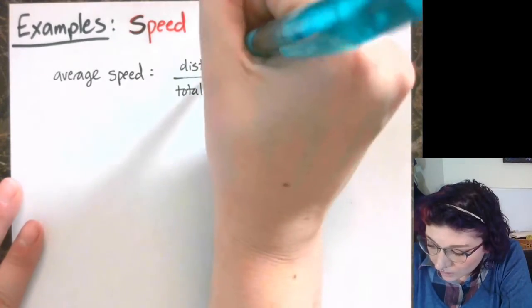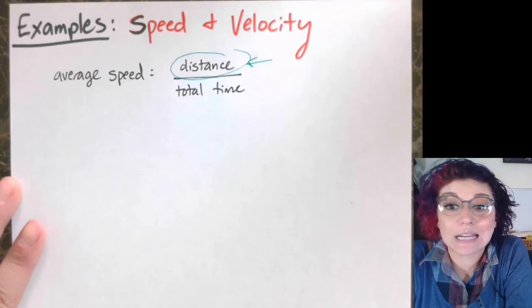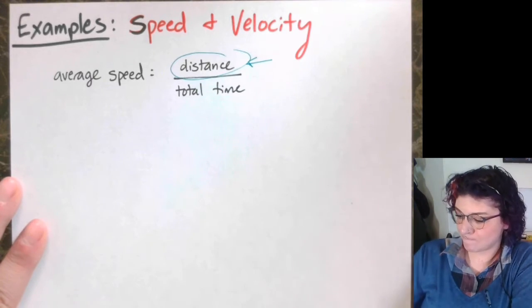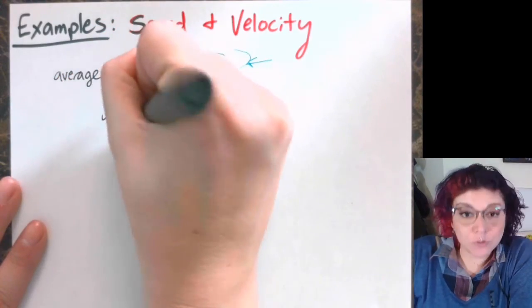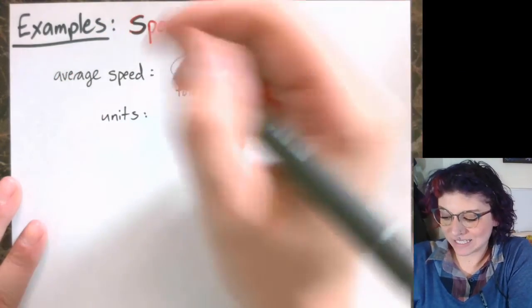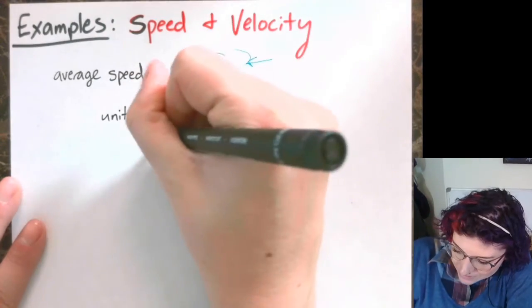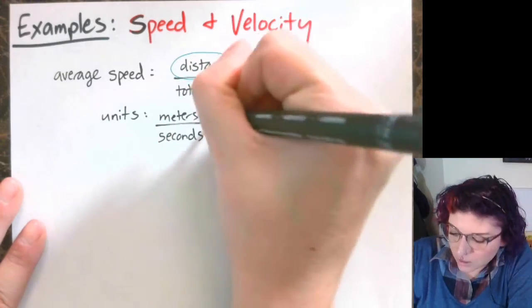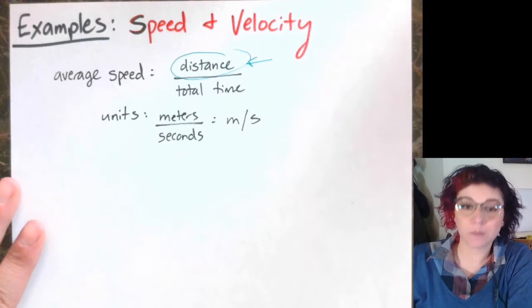Notice here how average speed uses distance, not displacement, distance. For our units, because units are always super duper important, distance is in meters, time is in seconds. So our unit for average speed is meters per second.